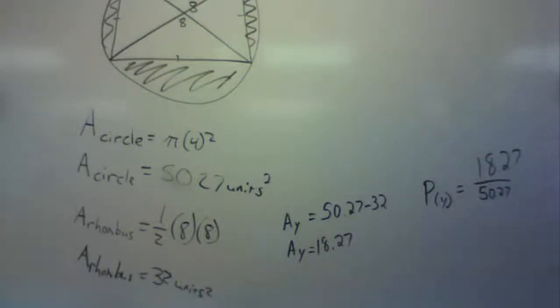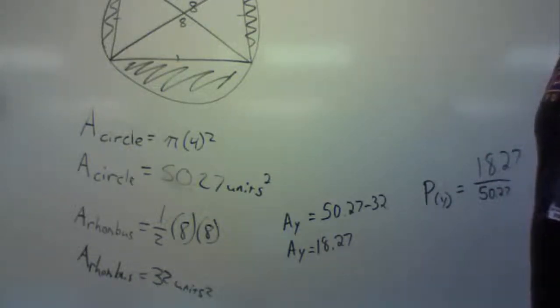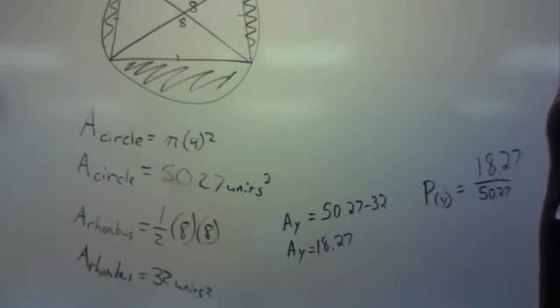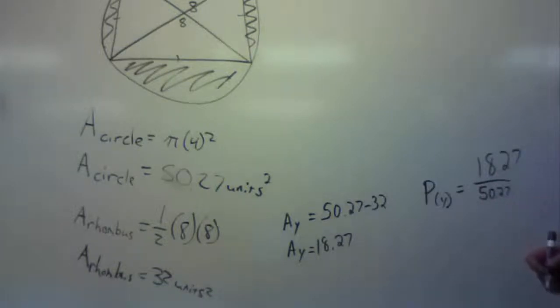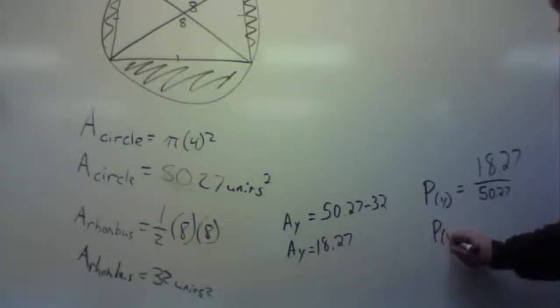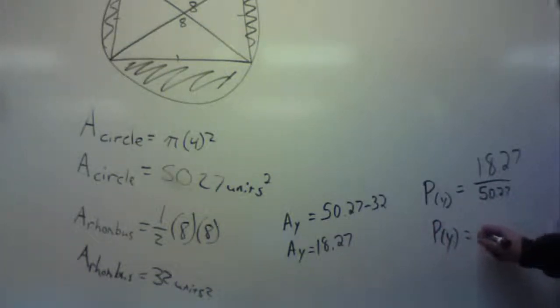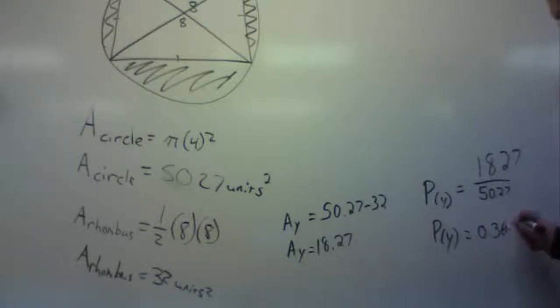I take that, divide by the 50.27, and see what I get. 18.27 divided by 50.27. And I get the probability it is in the yellow region is 0.36. Again, not very likely.